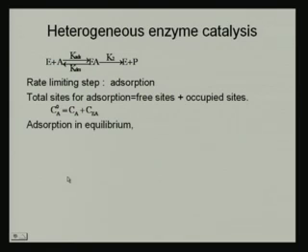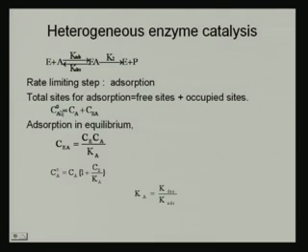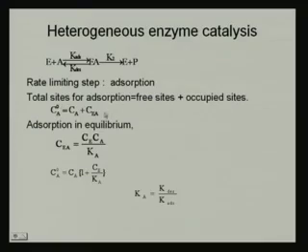Fine. And quickly, I have just a minute, so I'll quickly go through the rest. This is easy, once you have understood that this is a rate limiting step, and the constraint is going to be on adsorption: total number of sites equals free sites plus occupied sites. Then you can write the constraint equation that Ca naught equals Ca plus Cea, and you can write the equilibrium relation.